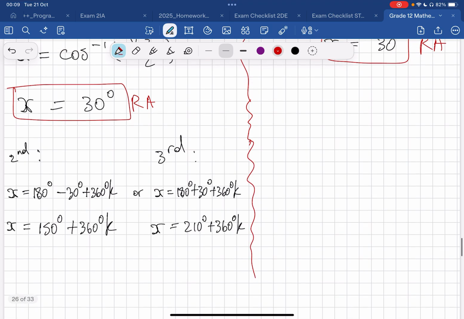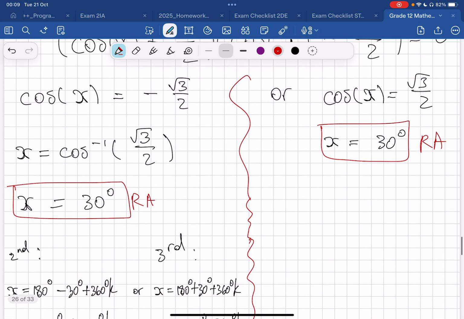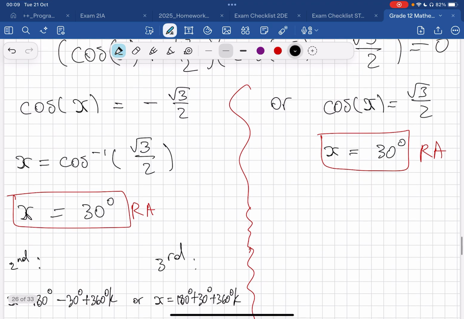Now, let's continue and come to the right-hand side. This will be in the first and the fourth quadrant because that is where cos is positive. So x is equal to 30 degrees plus 360 degrees k. And we are done for the first quadrant.